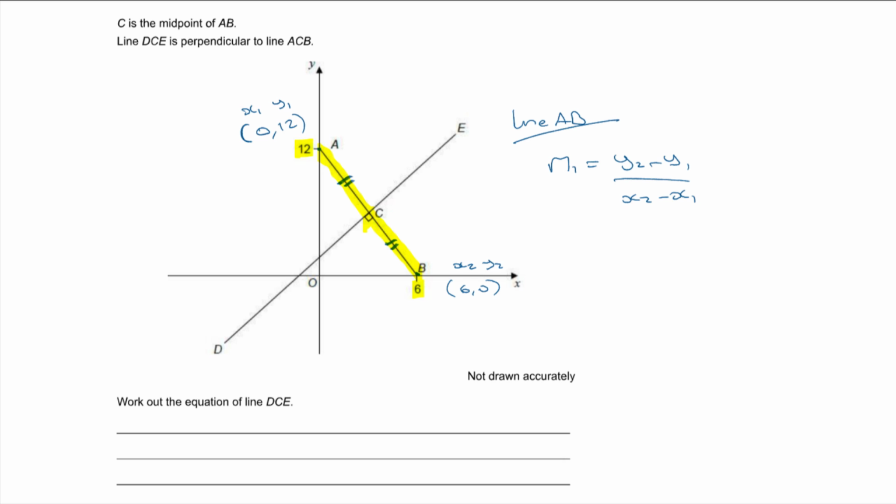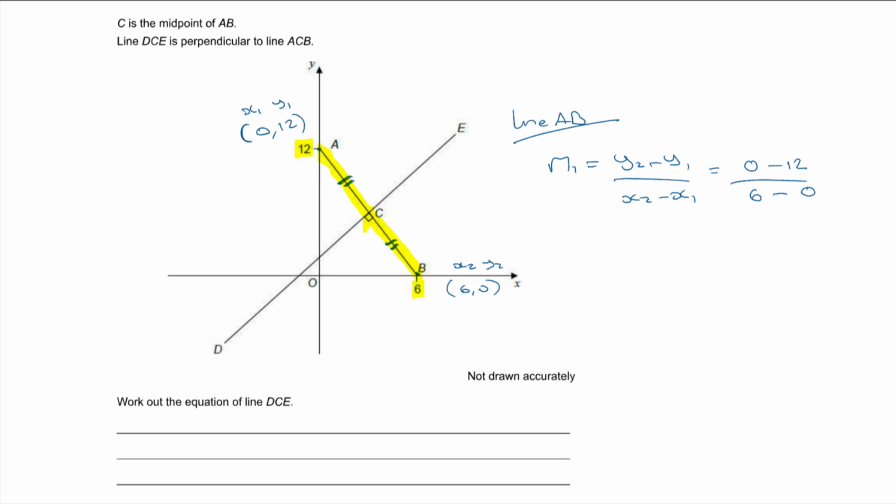So subbing those carefully into this equation, y2 is 0 minus y1, which is 12, divided by x2, which is 6, minus x1, which is 0.